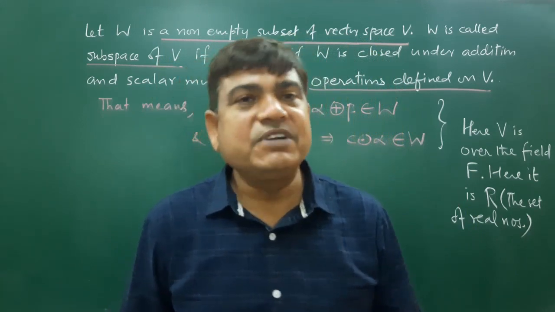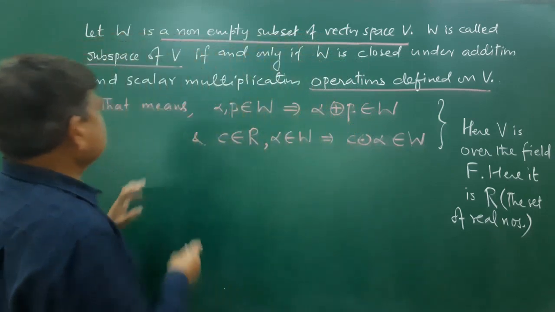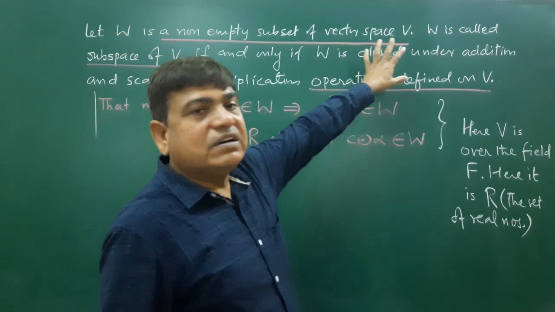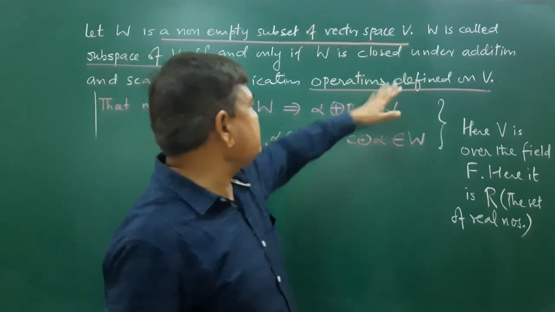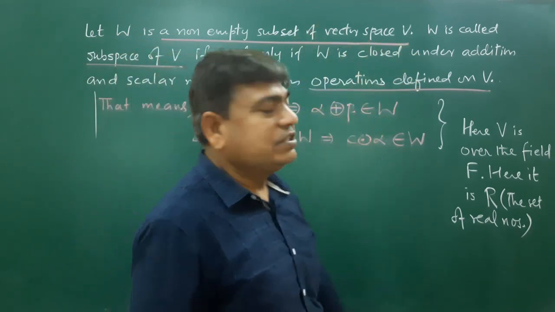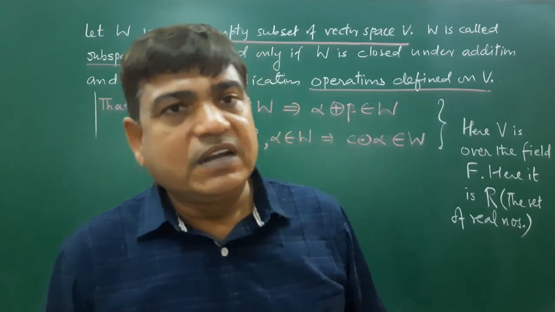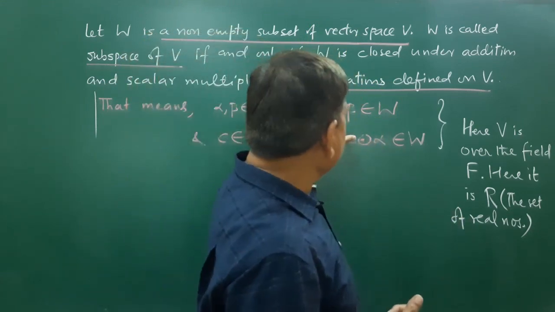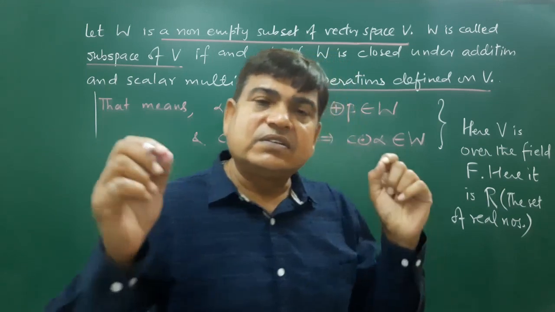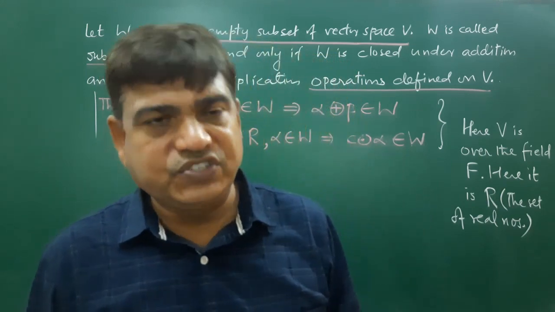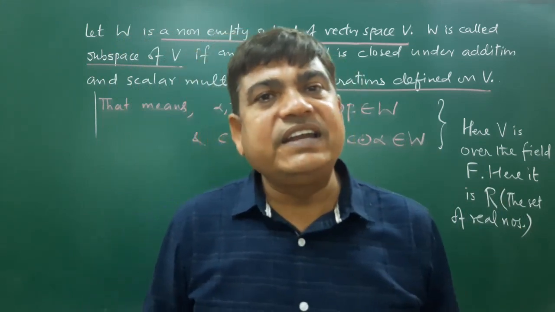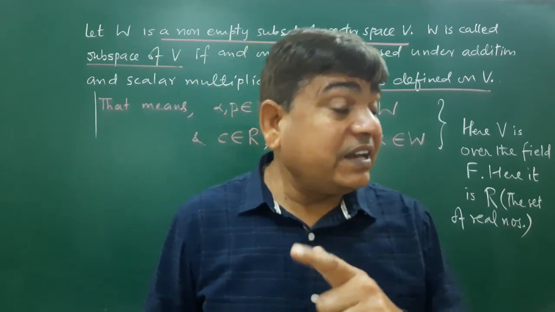So this is time consuming. So this is the shortcut: if you want to prove that W is a subspace, then you just prove these two properties. Now this one is the closure property of addition. This one is the closure property of scalar multiplication. The remaining 8 properties are inherited from V.